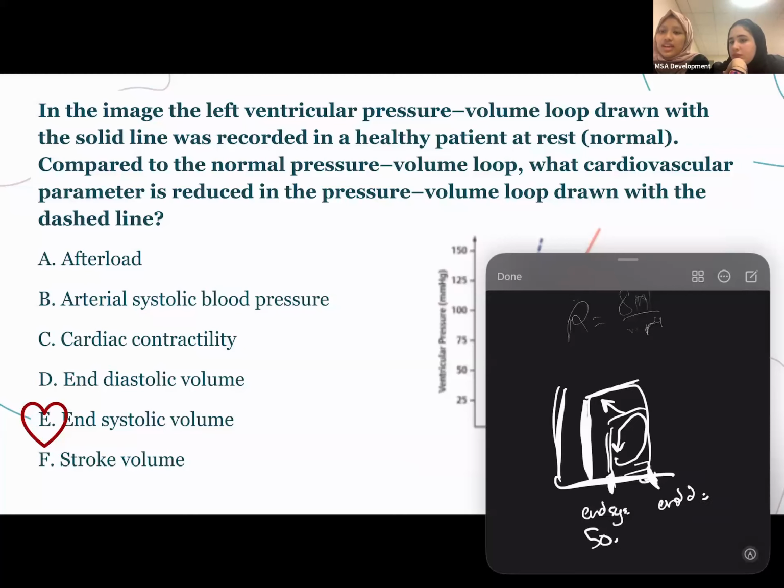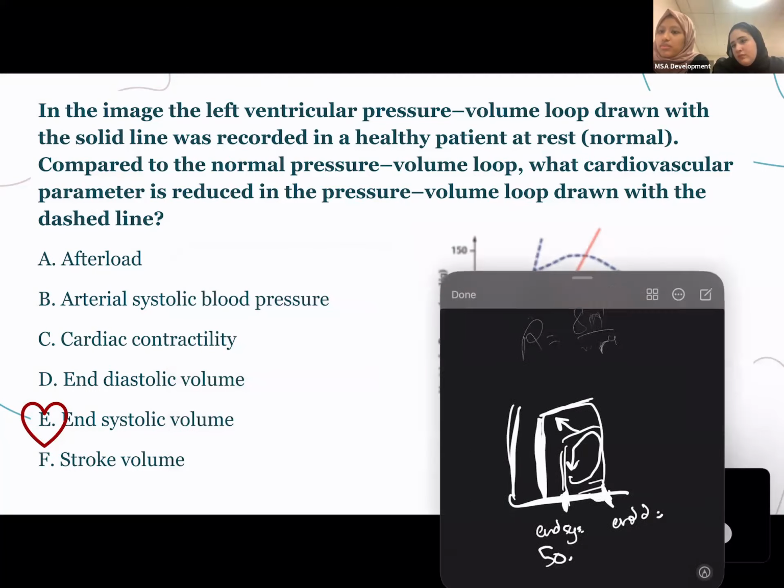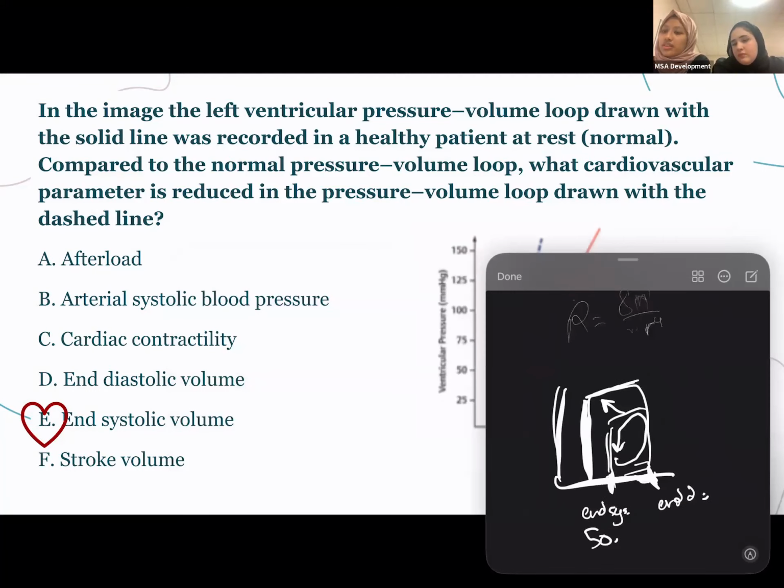Whoever said D, I think it's fine, but just know that in this question it didn't change because it's the same volume. M is mitral valve open. So all these points you see here are valves opening: here the mitral valve opening, here closing, and then aortic opens, and aortic closes.